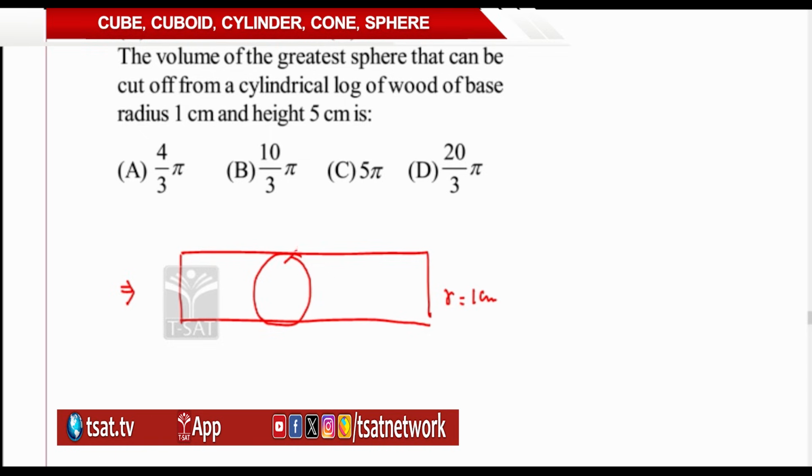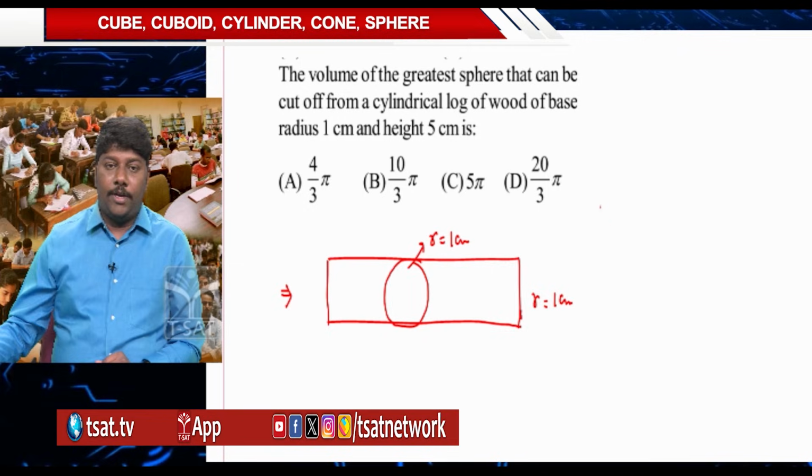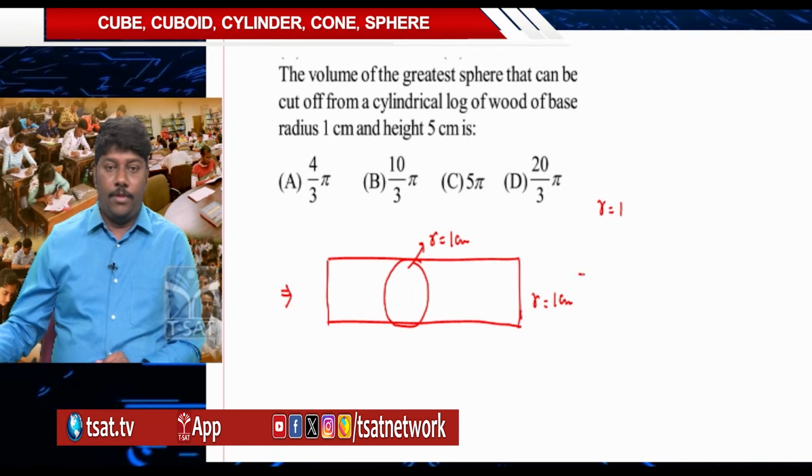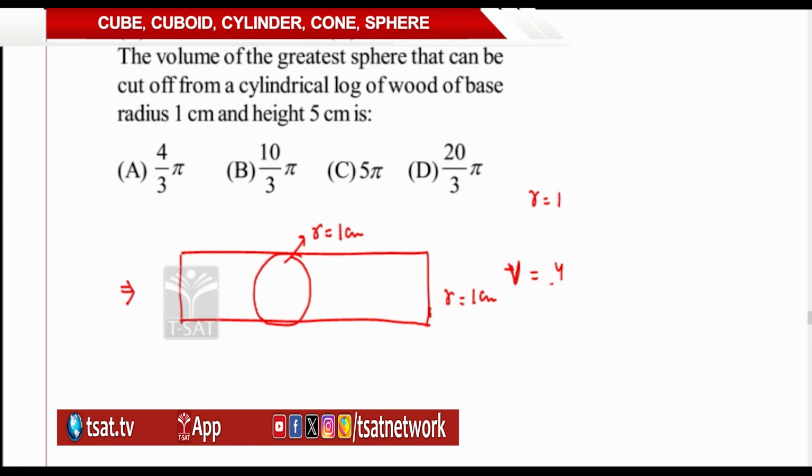You can't cut a bigger sphere than this. Therefore radius is 1, volume is equal to 4 by 3 pi, r cube is 1. So the volume of the sphere is 4 by 3 pi.